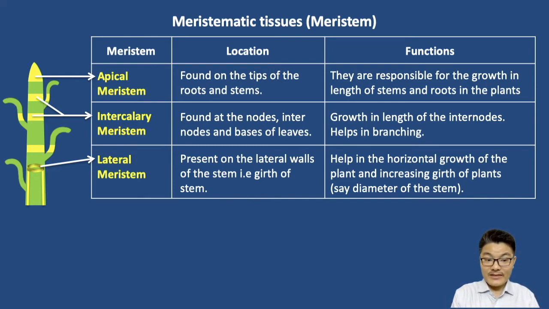The plants are becoming broad in stem, the roots are becoming broad or fat in the horizontal region, mainly because of the lateral meristem. So with this, we have understood the three different meristems, their location and their function, and this is very important. So we'll continue further later.